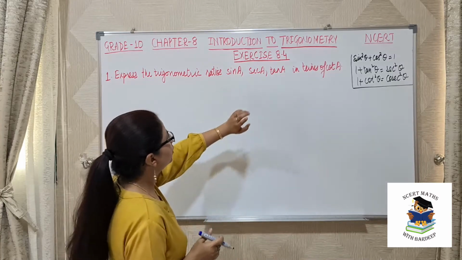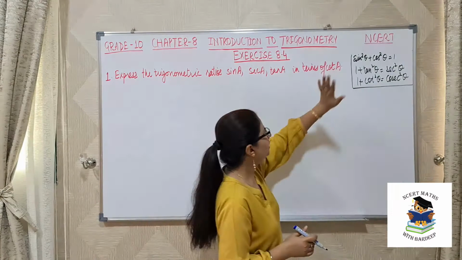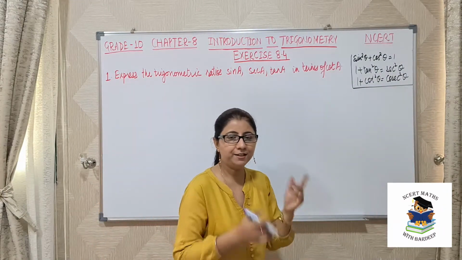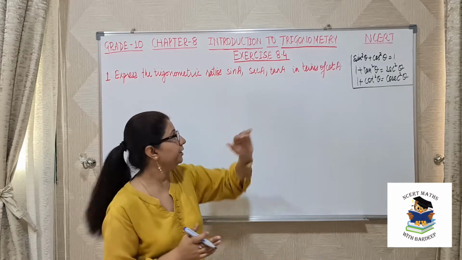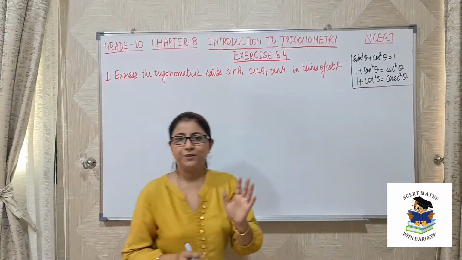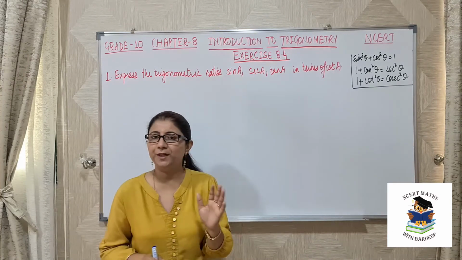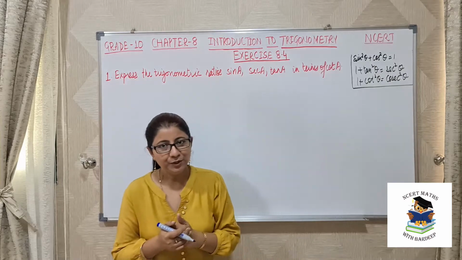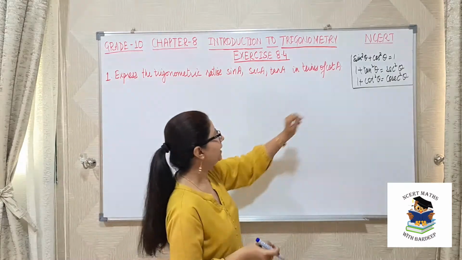Let's start. So now we need everything in terms of cot A. First of all we will use that trigonometric identity which includes cot A. Out of these three, this third one is our required trigonometric identity, that is 1 plus cot square theta is equal to cosecant square theta. So let's start.